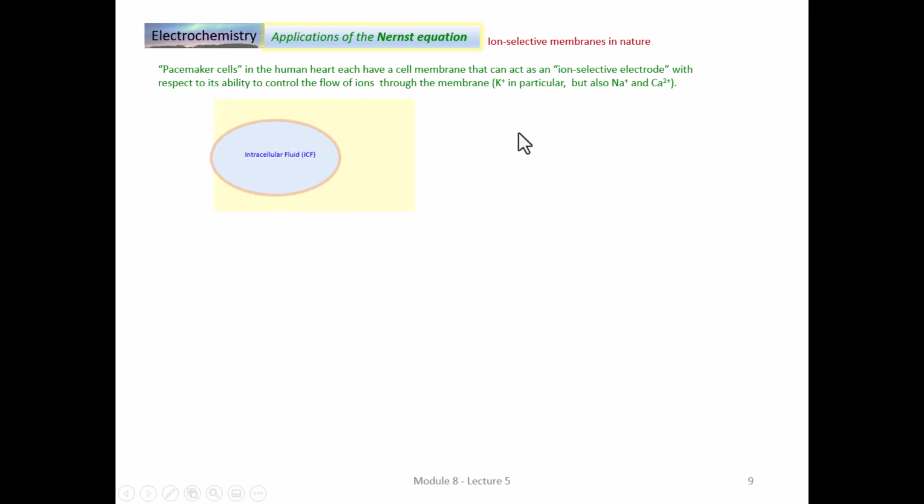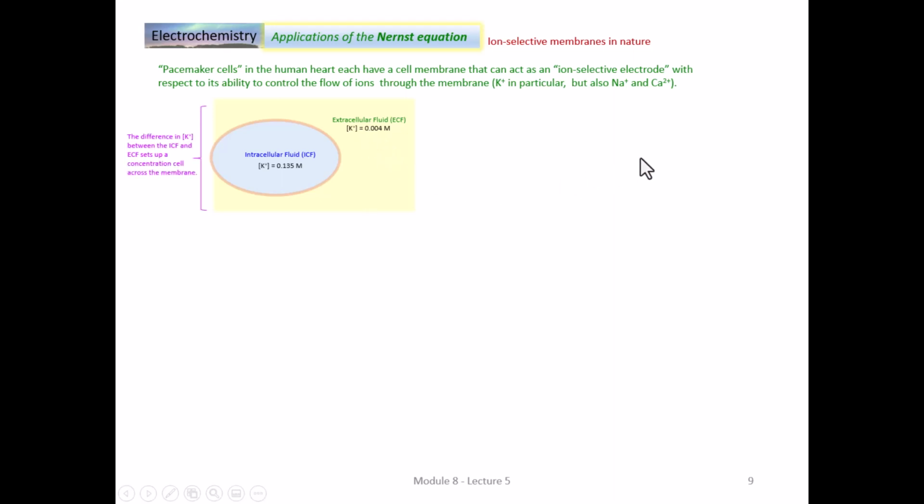Inside the cell, we have what we would call intracellular fluid, and outside the cell, extracellular fluid. The intracellular fluid inside the cell has a concentration of potassium ions of around 0.135 molar. The concentration of potassium ions in the extracellular fluid is much less, 0.004 molar.